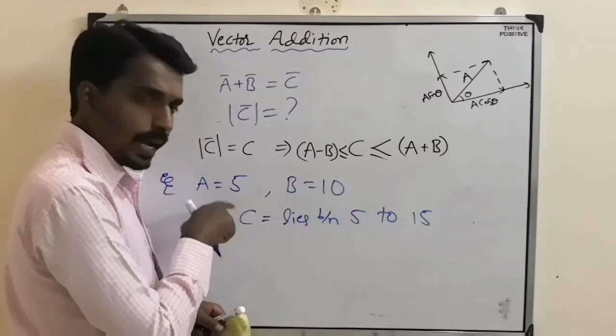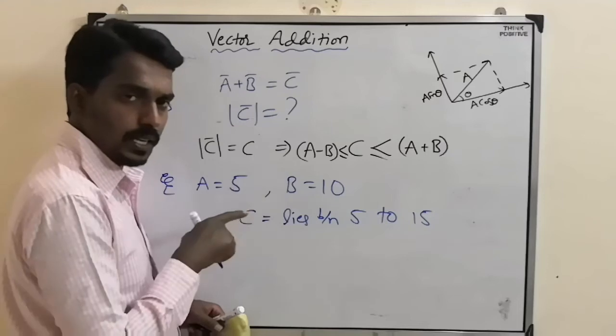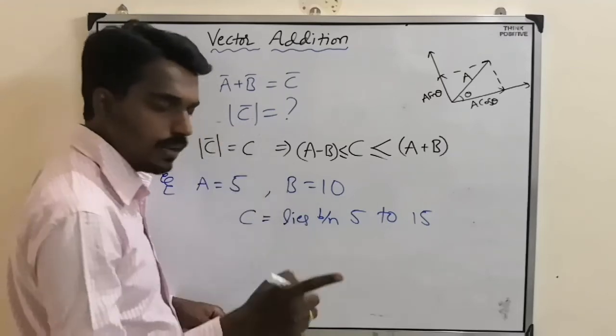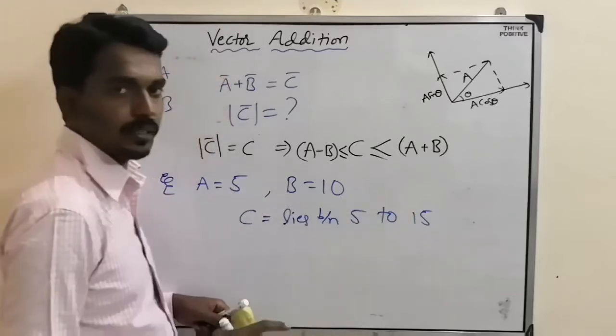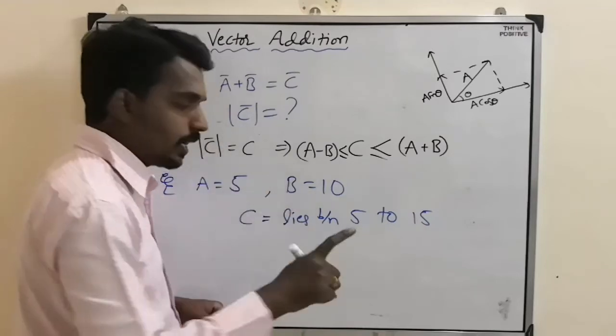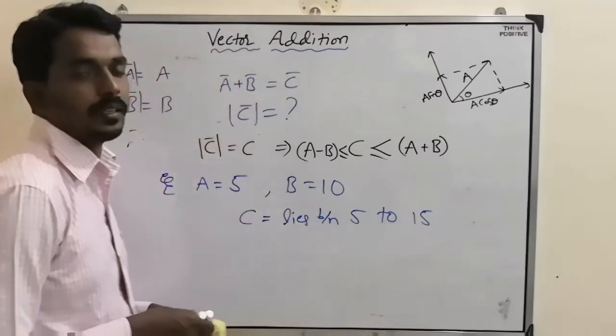So the magnitude of A plus B, or C, can be 5, it can be 15, or it can be anything between 5 and 15.